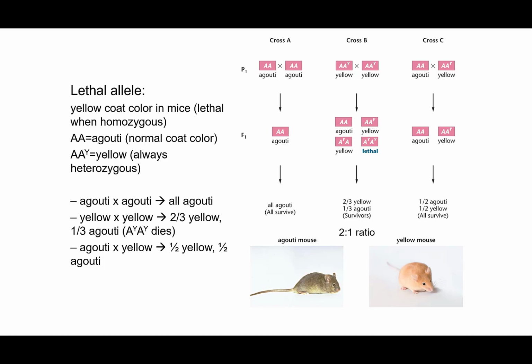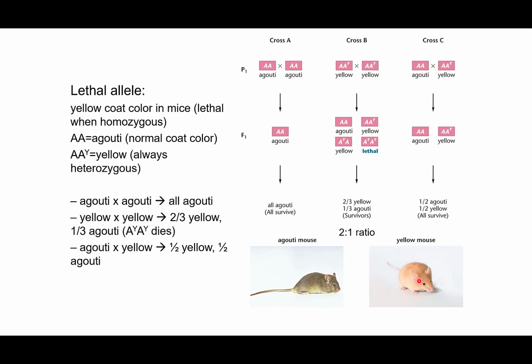So if we look at it in mice, in their coat color, there's a yellow coat called agouti, and agouti is the normal, the yellow is the mutant. So here's an agouti mouse. It's normal, but if we have the yellow allele in a heterozygous state, it'll be tolerated.